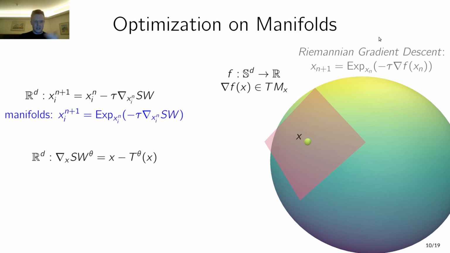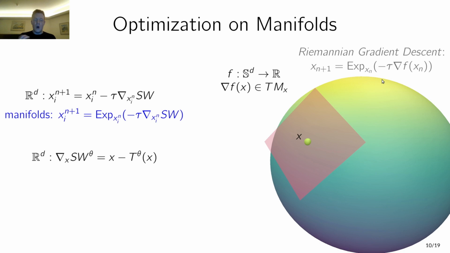And then the other problem is that, as we saw, the gradient of the sliced Wasserstein distance is the difference between 2 points. But you might imagine that it is not well defined. It doesn't make sense in the general case to take the difference between 2 points. And as we saw, since a gradient must live in the tangent plane, there is no reason that if you take the difference between 2 points here, for example, it would give you something that would live in the tangent plane.